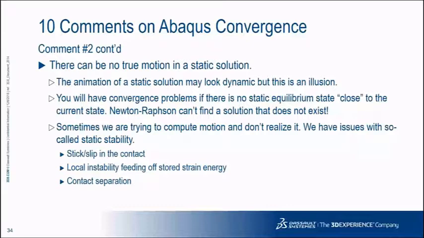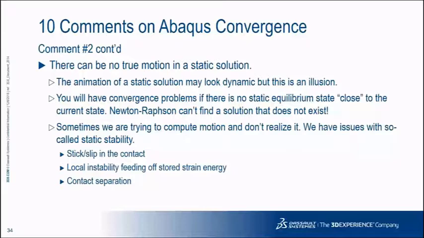We might have a situation where everything is fine, and then we have a stick slip in the contact, or some sort of localized buckling, or some kind of contact wants to separate. If you were doing a test of a real structure, the structure would start to accelerate and move around. Of course, if you're doing a static simulation, it's not possible for things to move around.